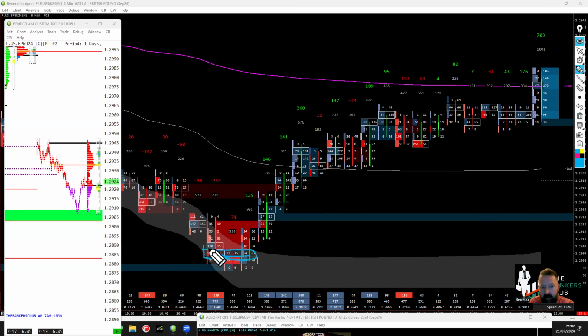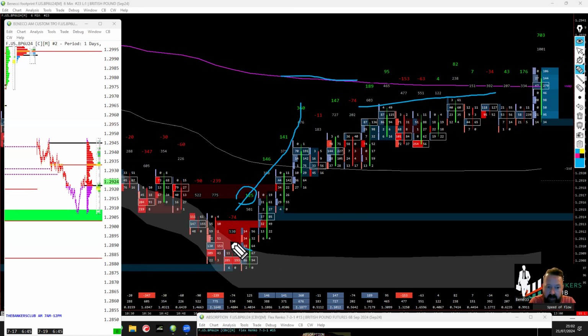Got a massive selling climax with all these sellers, followed by what I call a delta flip, where you go from red numbers to green numbers. Buyers then have stepped in and taken control. And as you can see, we then came back up to the pink line, which is the VWAP.